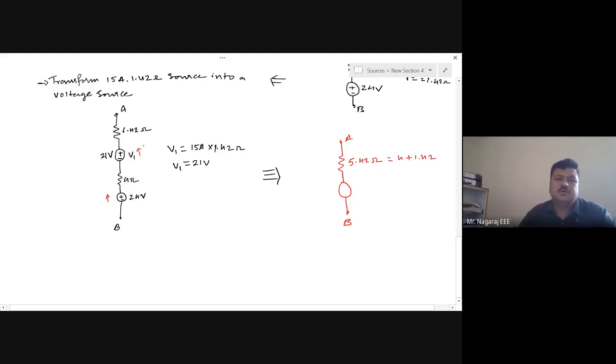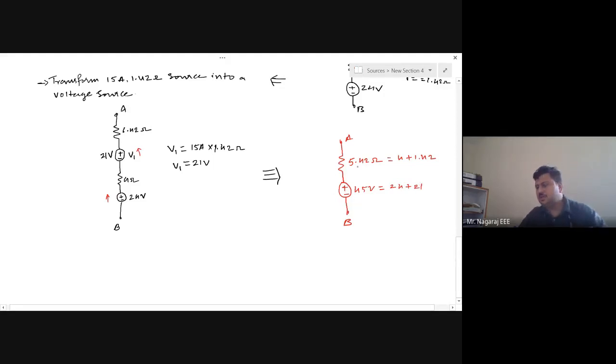Both sources have positive upward and negative downward. Therefore, both the voltage values will add up, and this will give us a total voltage of 45 volts. Okay.